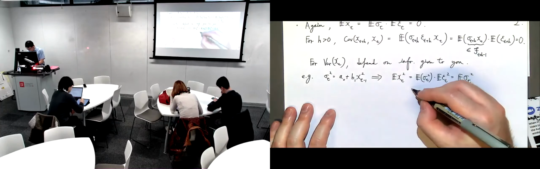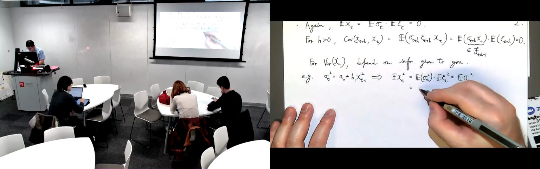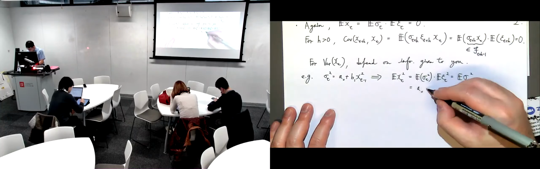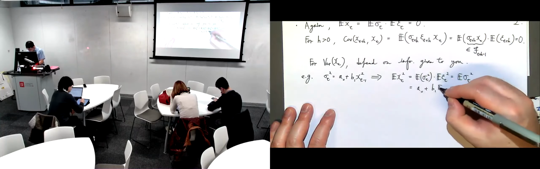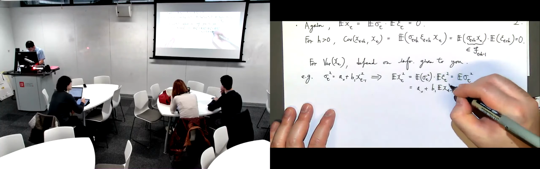And if you expand this, the expectation of sigma_t squared is a0 plus b1 times the expectation of x_{t-1} squared.